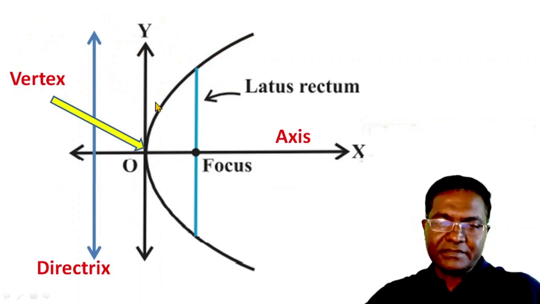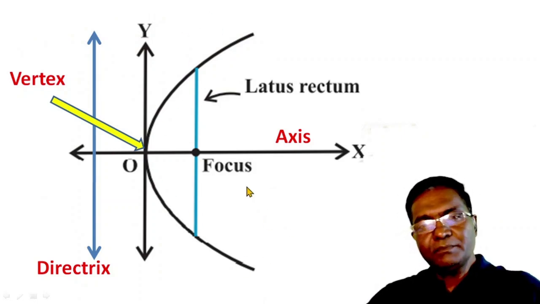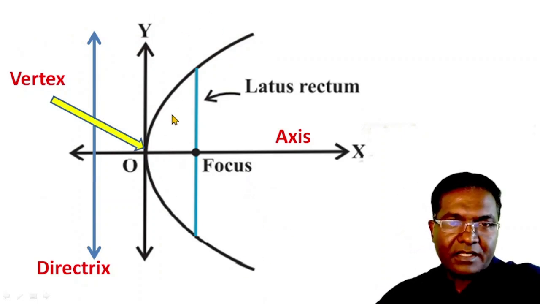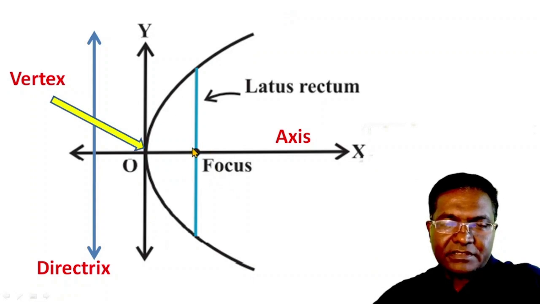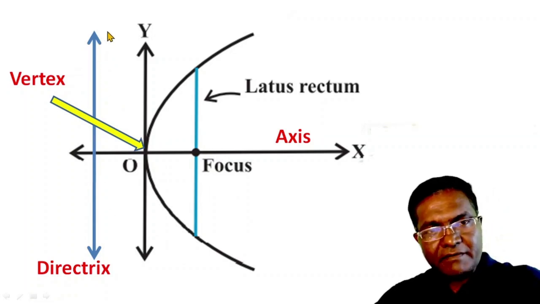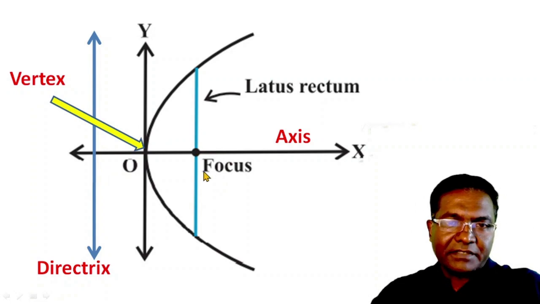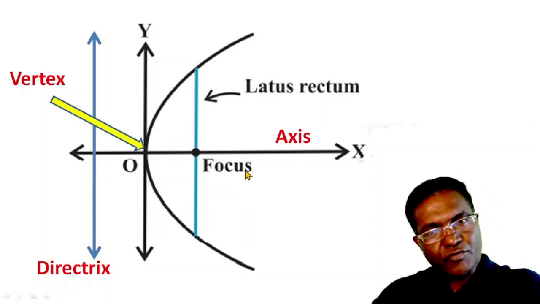for a parabola we need to understand some points. See here, if I take this as a parabola, the fixed point is called the focus and the fixed line is called the directrix. Remember, whatever we have taken, that fixed line is called the directrix of the parabola and the fixed point is called the focus.